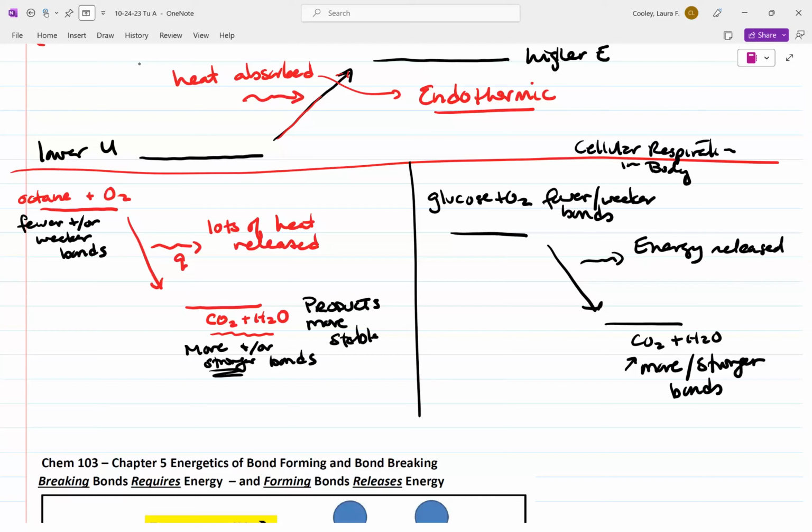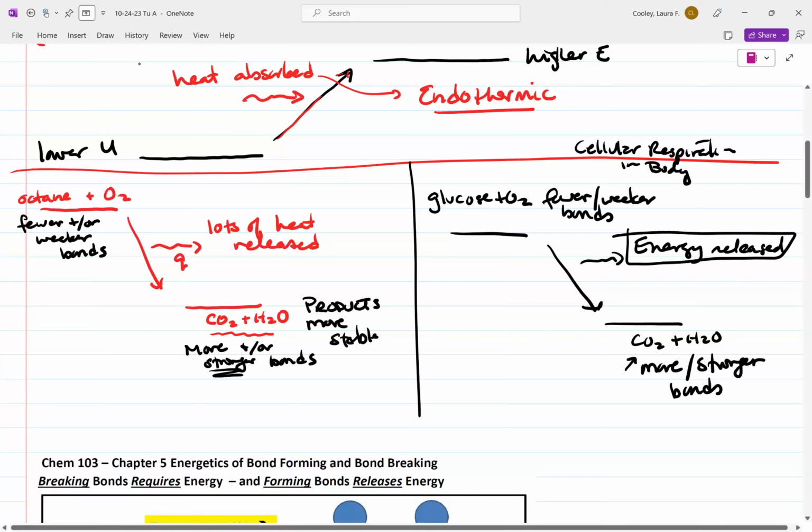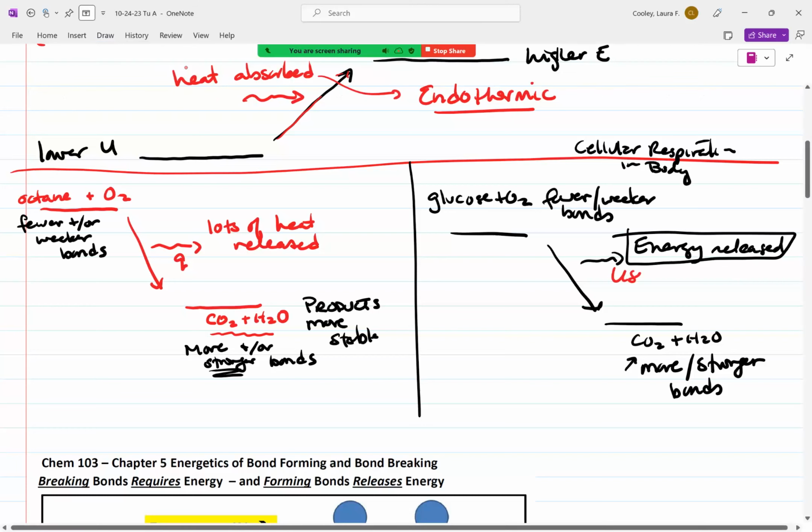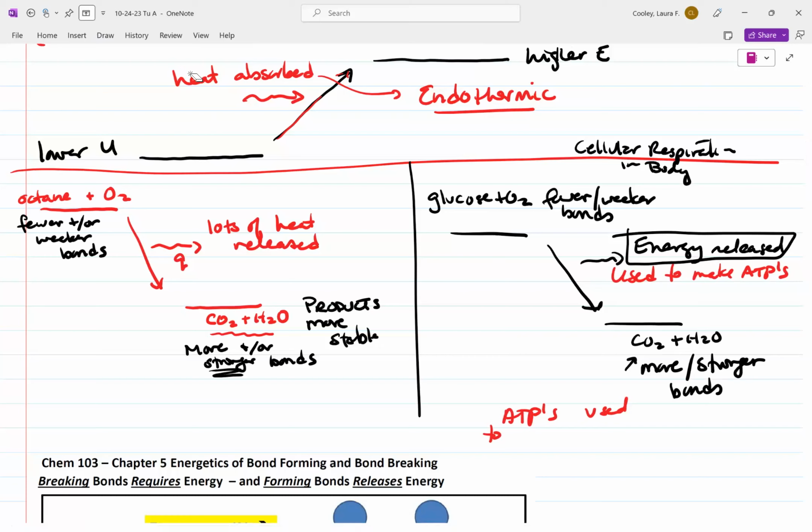Anybody know what that energy released is used to do? Maybe from your biology courses. It's used to generate ATP. And ATP is used as the energy source to perform all sorts of bodily functions.